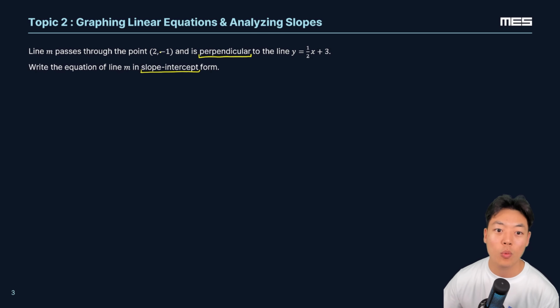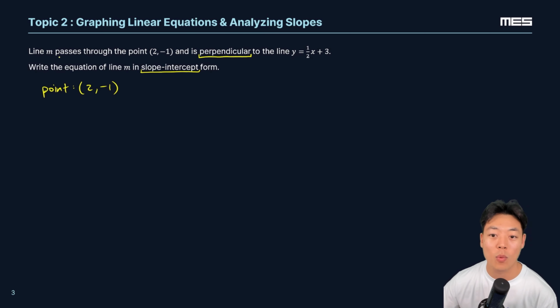All right, so we're given a point. The point is (2, -1), and my line is y equals 1/2 x plus 3. That is going to be perpendicular to the line that I want. Now, if two lines were parallel, they will have the same slope. But since our line M is perpendicular to this line, the slope will be the negative reciprocal of that line given.